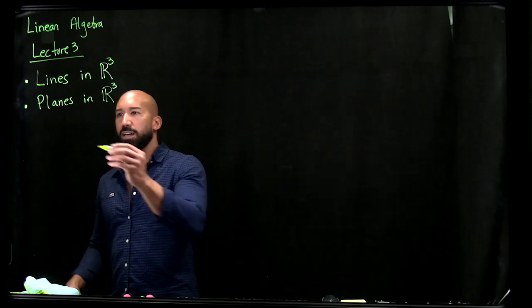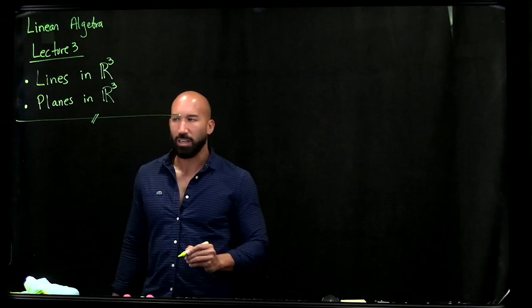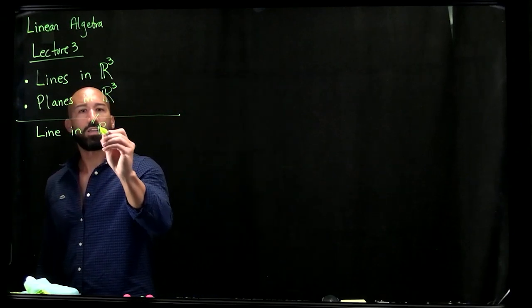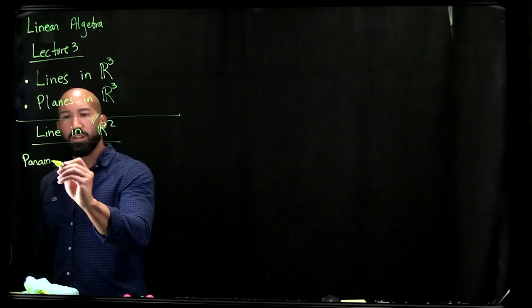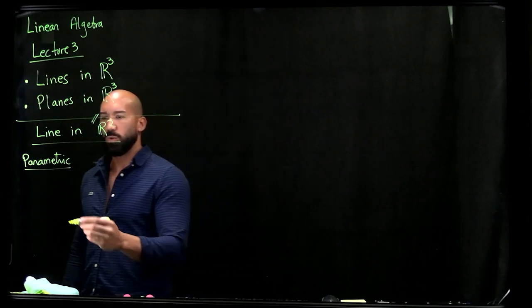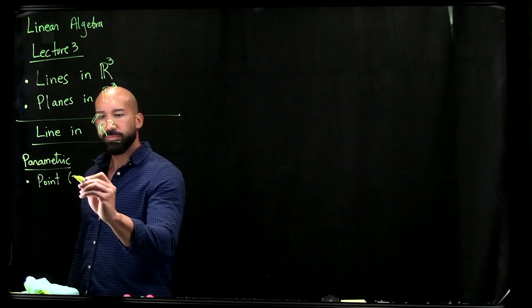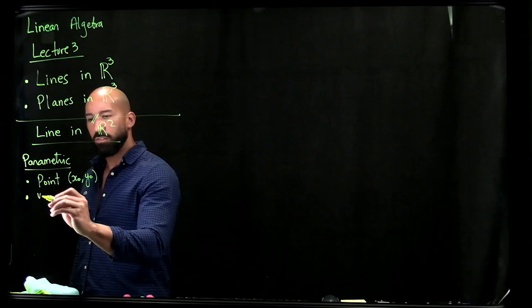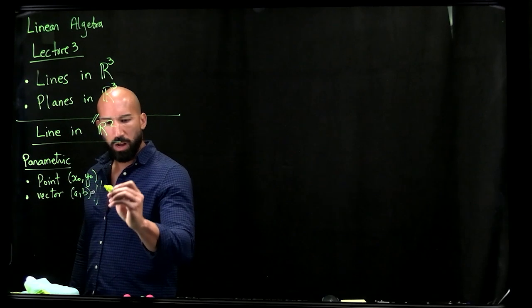So remember that in our last class, we deduced a couple of equations for the line in R2. So we have a parametric equation. And for the parametric equation, what we need is a point x0, y0, and a vector (a, b) that is parallel to the line.